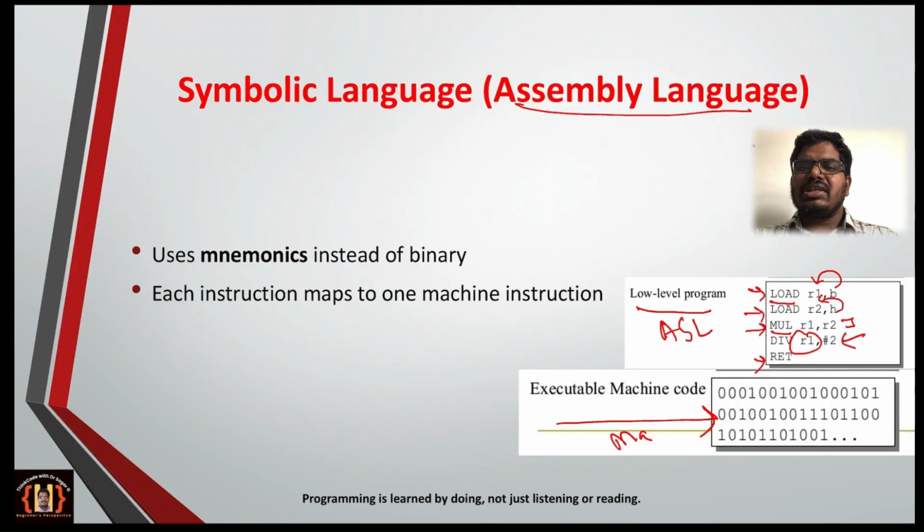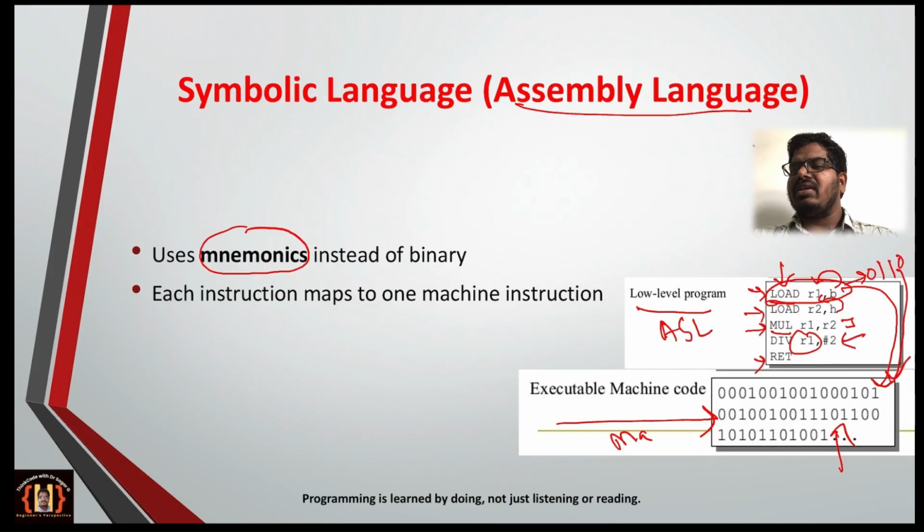These basically use mnemonics instead of binary. Earlier it was binary; now mnemonics are used: add, load, multiplication, division. Each instruction finally maps to a machine instruction, converted into zeros and ones. But what is the advantage? Human readability.